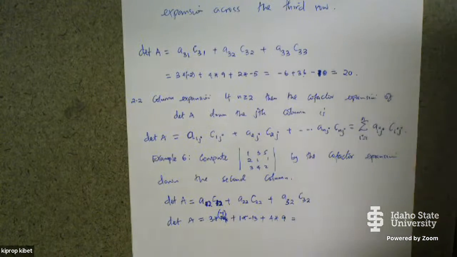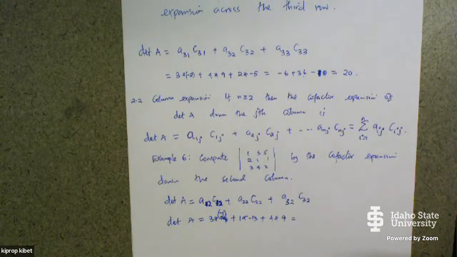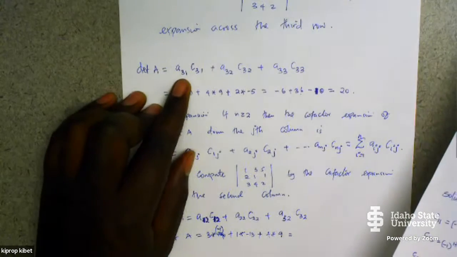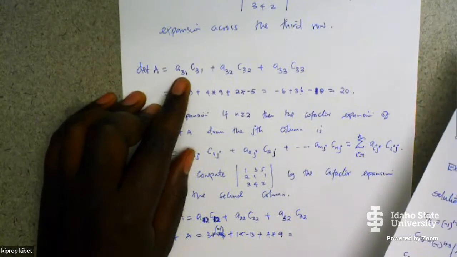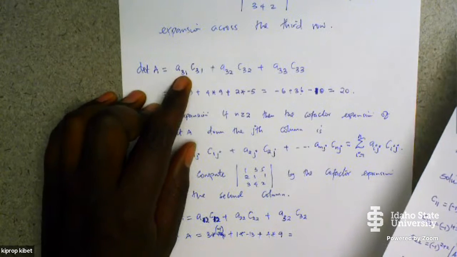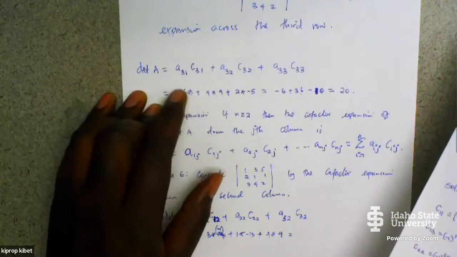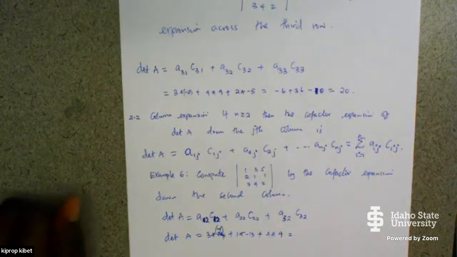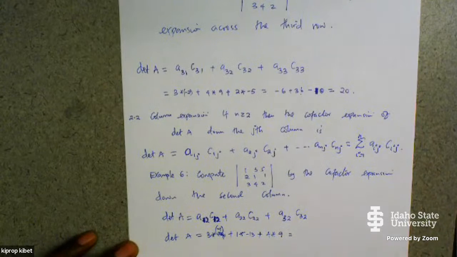Wait, so did we do that wrong in the last example? Let me check. I don't think we did. No, we did it right. The previous one is right. So this is -3 minus 13 plus what? 36.